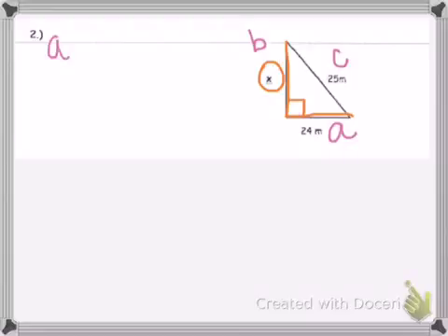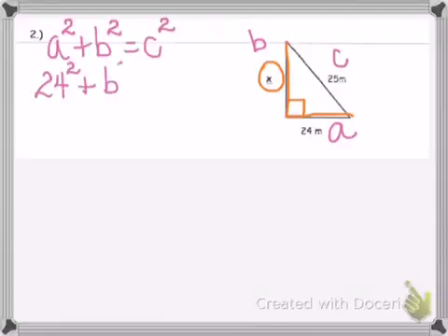So I'm going to write my Pythagorean theorem, and plug in the values that I know. I know a to be 24. I don't know what b is. And I know c is 25. So I'm going to square that as well.